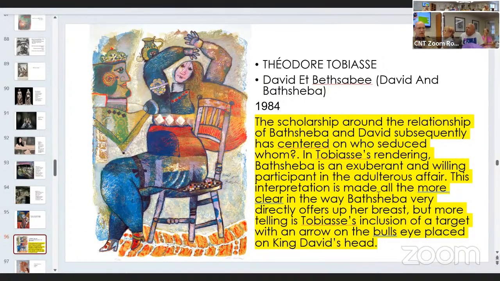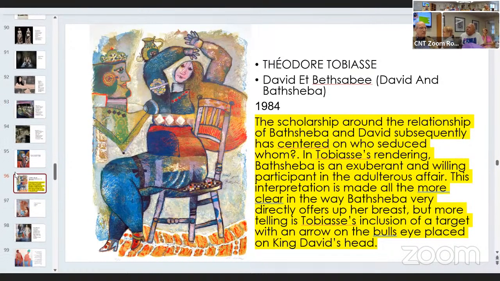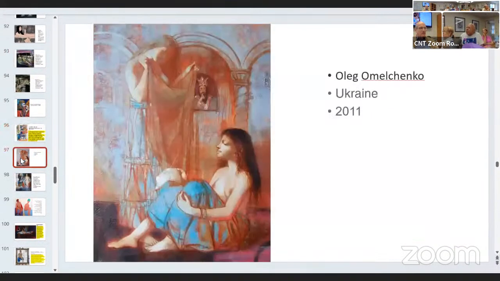But more telling is Tobias' inclusion of a target with an arrow on the bull's eye placed on King David's head. This is where she's aiming. So according to this interpretation, Bathsheba tempted David. An Ukrainian painting from 2011 with a very nice modern interpretation. And David is going shh, okay? Don't tell anyone. Like shushing her, right?